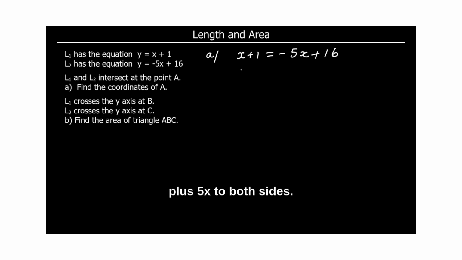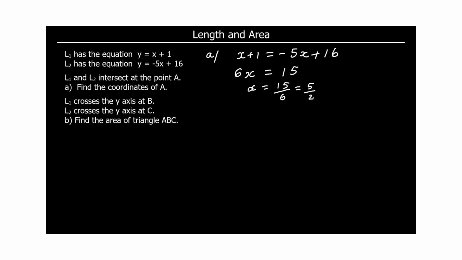Plus 5x to both sides, take away 1 from both sides. So x is 15 over 6, or dividing by 3, 5 over 2. And y equals x plus 1, so 5 over 2 plus 1, 7 over 2. So they intersect at (5 over 2, 7 over 2).